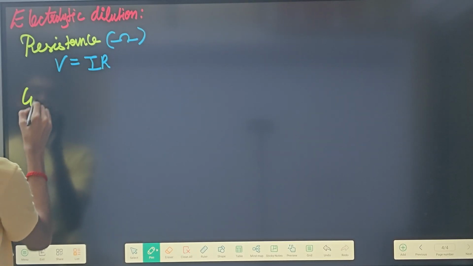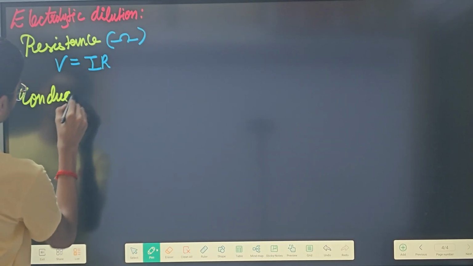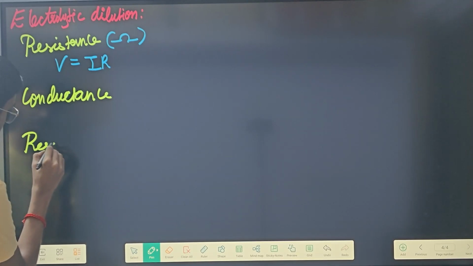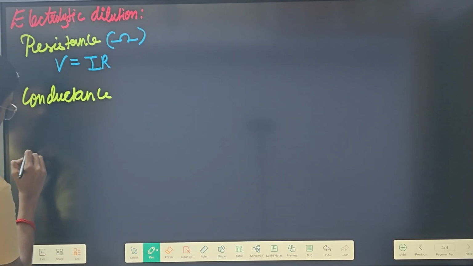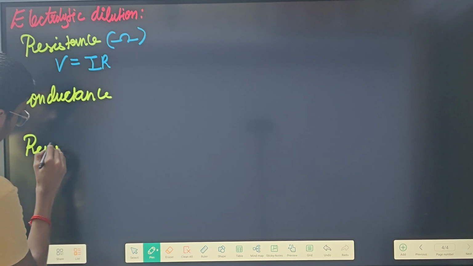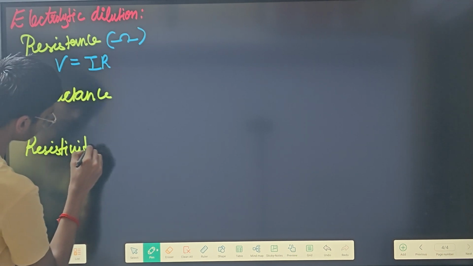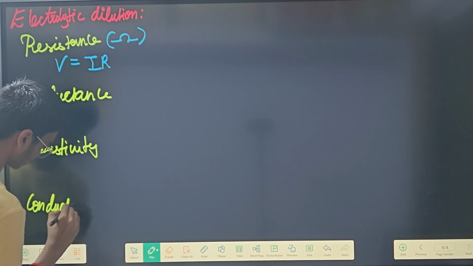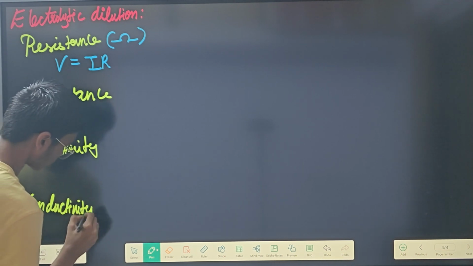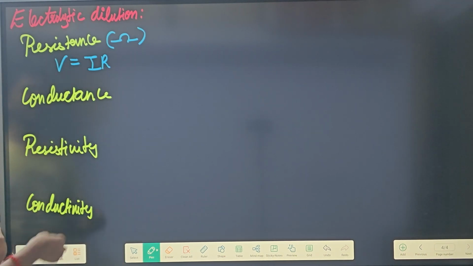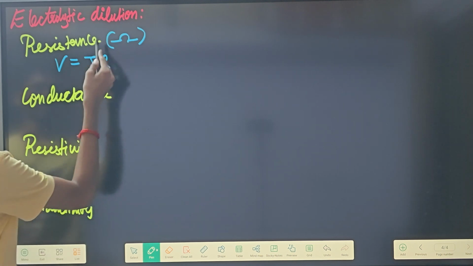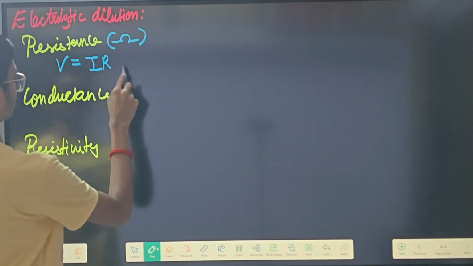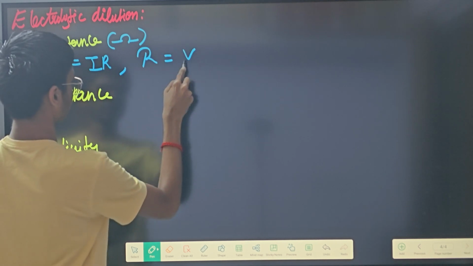Next is conductance. Wait, I will first write all these terms. Conductance is there, resistivity is there, conductivity is also there. So what is conductance? Conductance is actually 1 by R. See, R is equal to V by I, right?